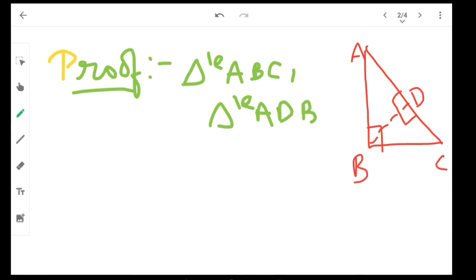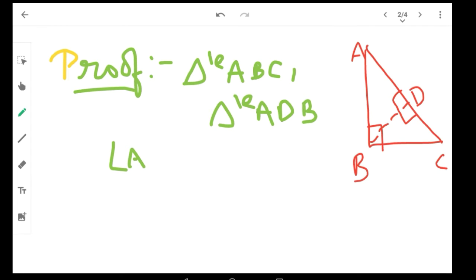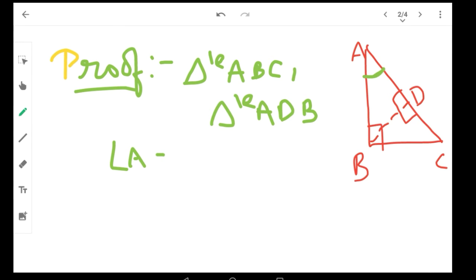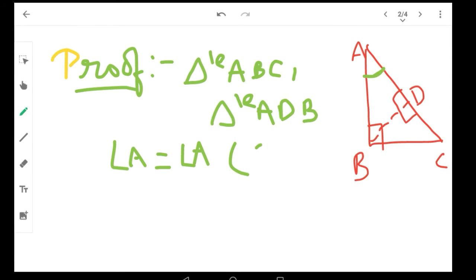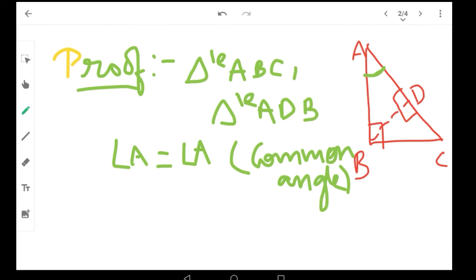So I'll try to prove the similarity for these two triangles. In both the triangles, angle A is common. See, in triangle ABC and triangle ADB, angle A is common in both. So angle A is equal to angle A. It is the common angle. And what else? See, angle ABC is 90 degrees. Angle B is equal to 90 in the triangle ABC.